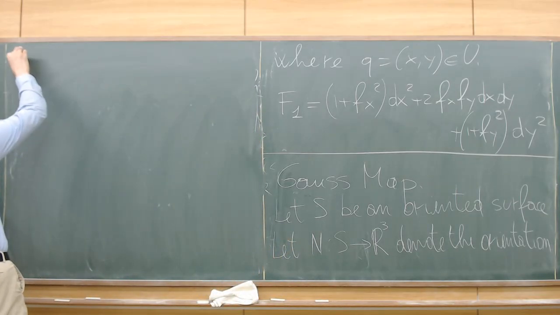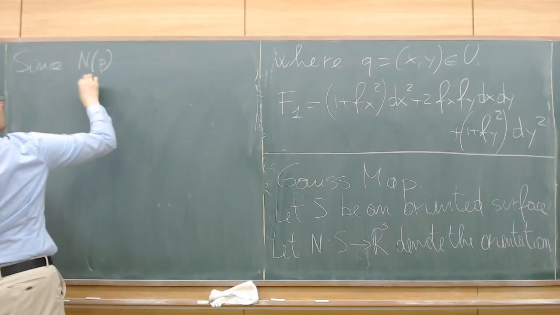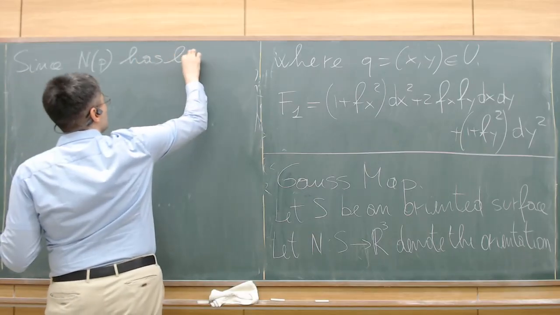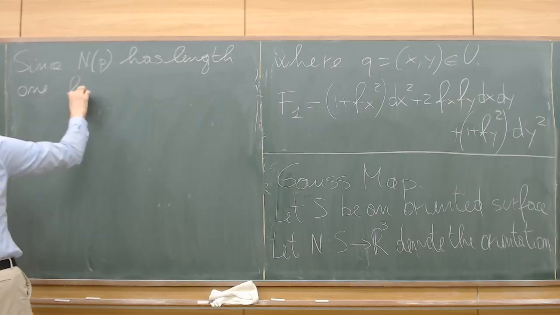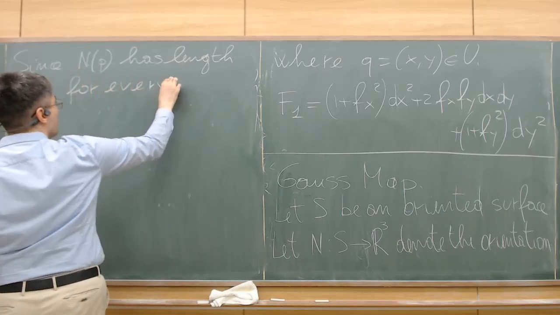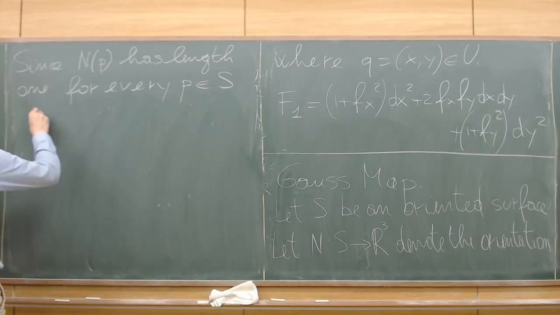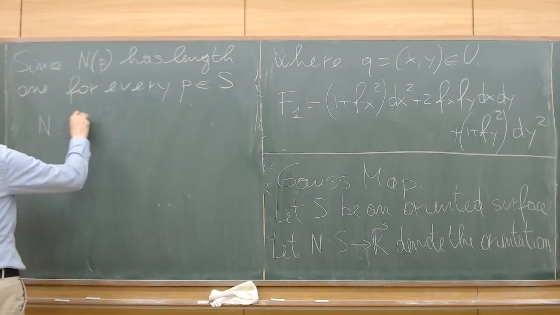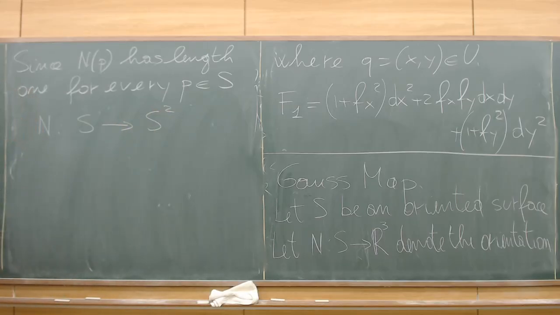Okay, since N of P has length 1 for every P in S, we can think of this map as a map from S with values in S2. And this map here is called the Gauss map.